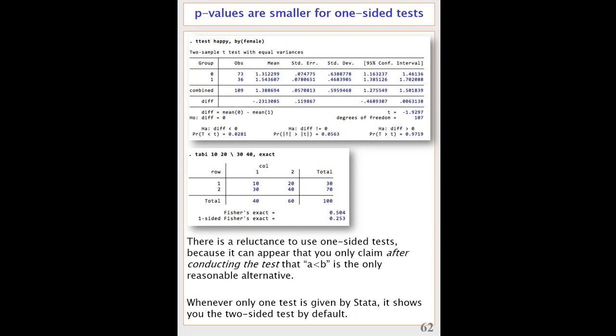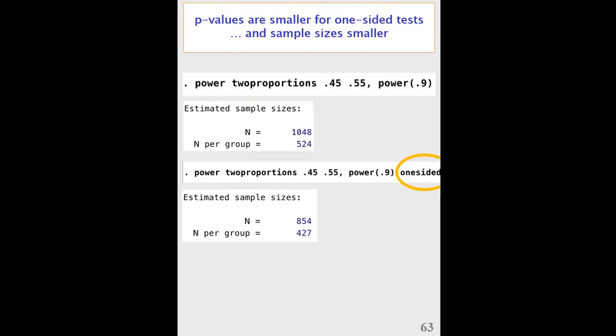So that would in principle help you, but whenever Stata gives it by default, it will be two-sided, and the suggestion is to stick to two-sided. You can ask for a one-sided test if you really insist, and then you will see indeed a smaller sample size. So one-sided is, let's say, good for you, and because it's by definition good for you, we typically don't do it, and we stick to two-sided.